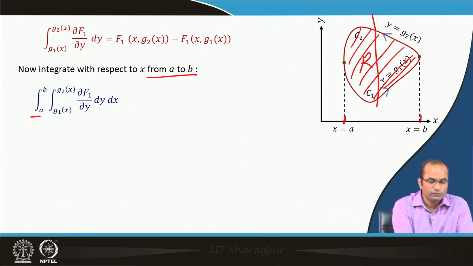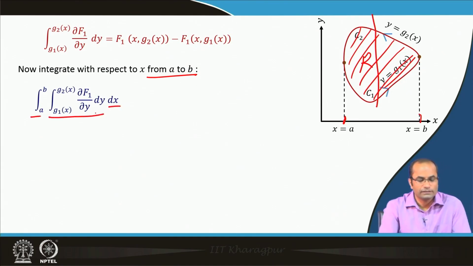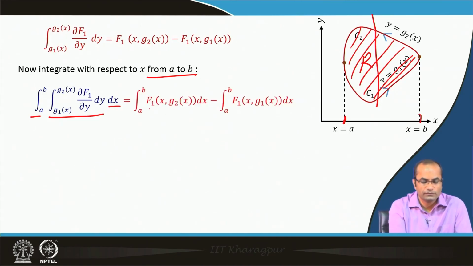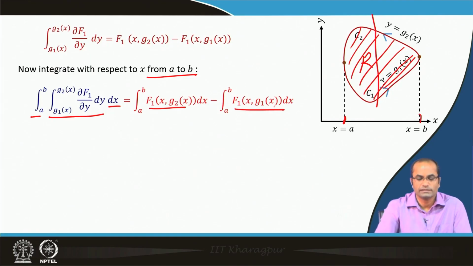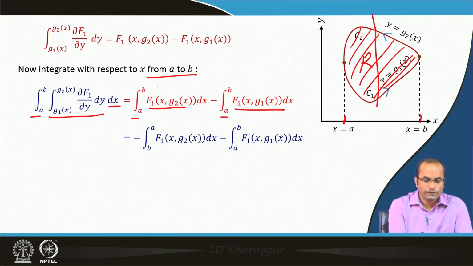Now, here a to b over x, and this we have already computed. So, this was f1 x, g2 x and f1 x, g1 x. This is integrated over a to b, and here also we have the integral over a to b for x. So, if we just change the limit here, with the minus sign, then b to a, and we have f1, and just note that this y component is g2 x.